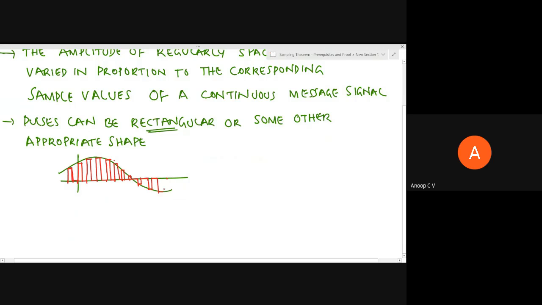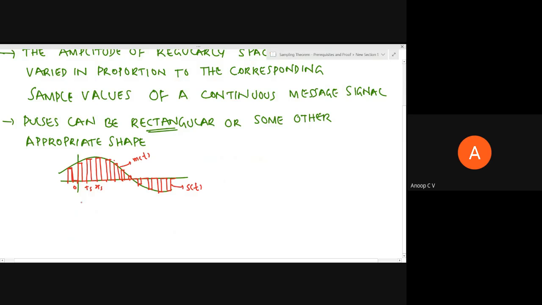What you have to keep in mind is the top of each pulse is actually flat. The signal which is shown in green is our m(t), and the signal which is shown in red, I'll call the sampled pulse amplitude modulated signal s(t). You can see this is time instant 0, and this is time instant Ts, 2Ts, and so on.